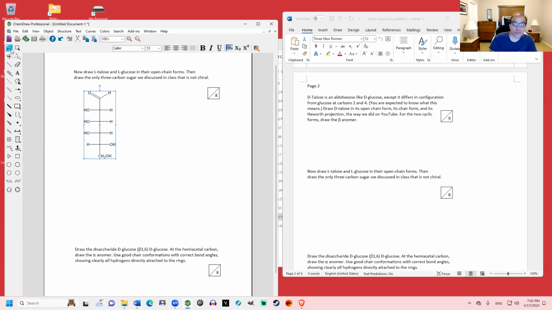It's not wrong to write CHO for an aldehyde group, and it would be accepted. It's just in my experience, these abbreviations like CHO, CO2H, CO2Et are confusing for students. So I've made it a point always to write them out. So here's our Talos. That's D-Talos.